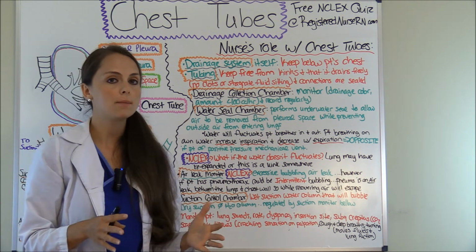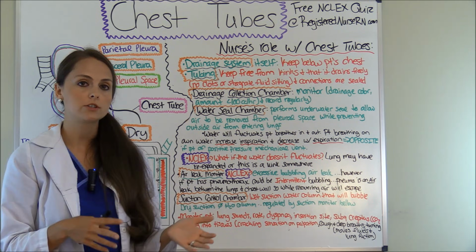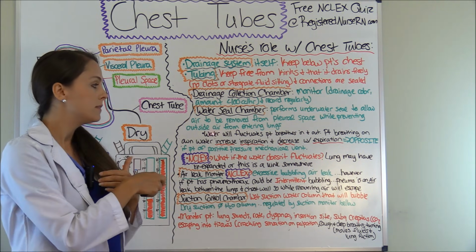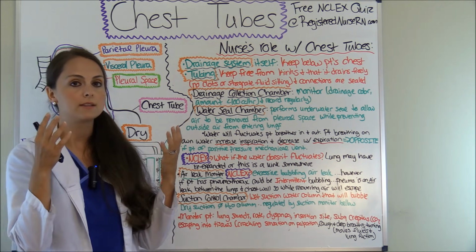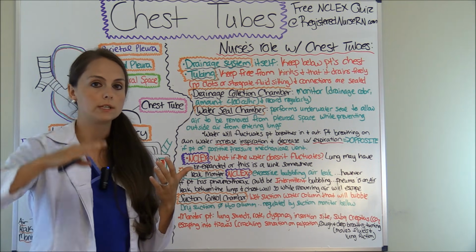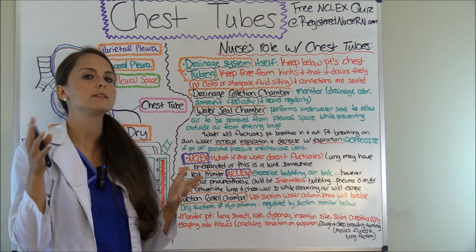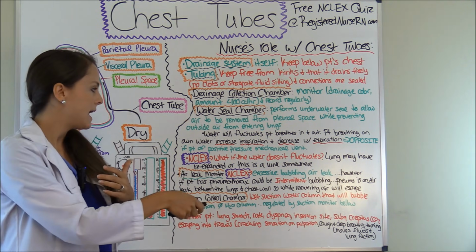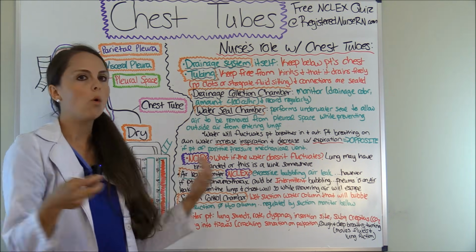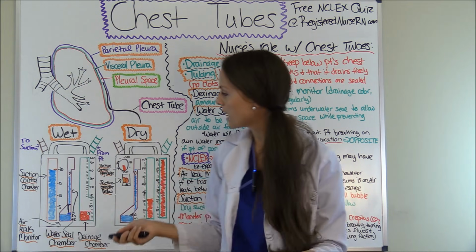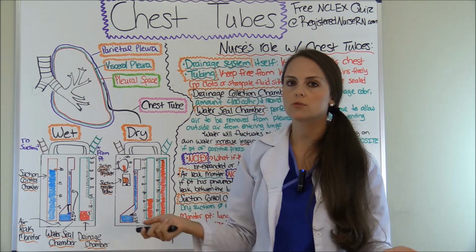However, it's the opposite if the patient is on positive pressure mechanical ventilation. Whenever the vent breathes in for them, the water will decrease. When the vent breathes out for them, the water will increase. So just commit that to memory. Now, NCLEX question: what if the water in the water seal chamber is not fluctuating at all?